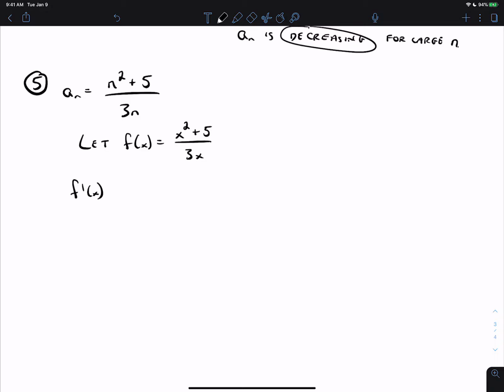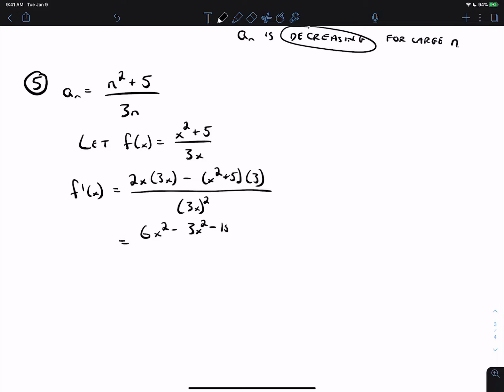Then the derivative is the derivative of the top times the bottom minus the top times the derivative of the bottom, all over the bottom squared. That simplifies to (6x squared minus 3x squared minus 15) over 9x squared. That gets us (3x squared minus 15) over 9x squared.